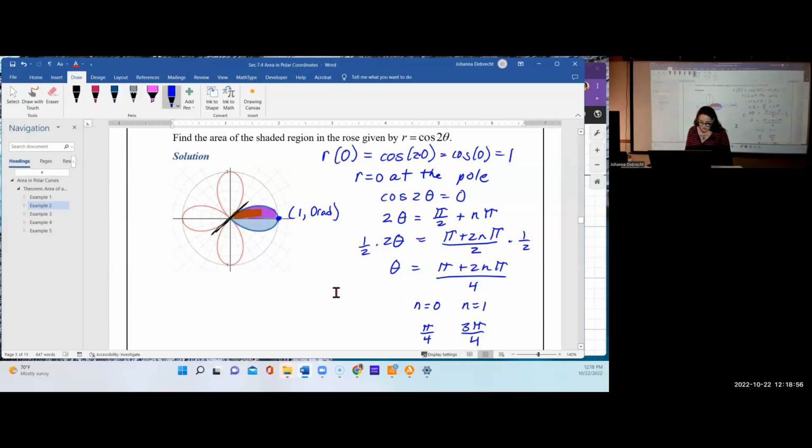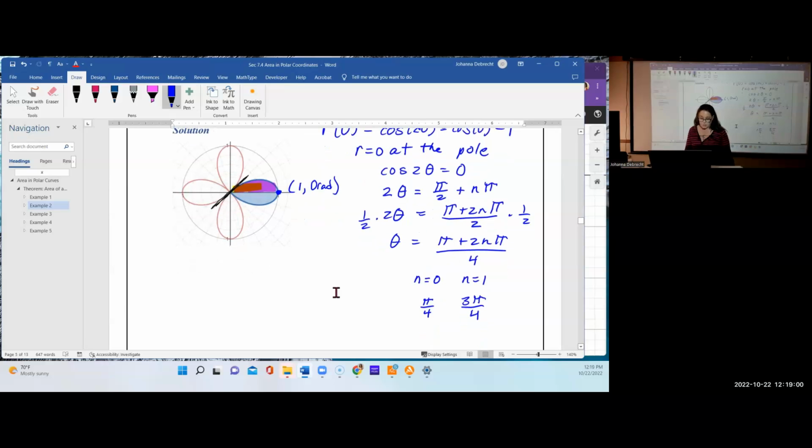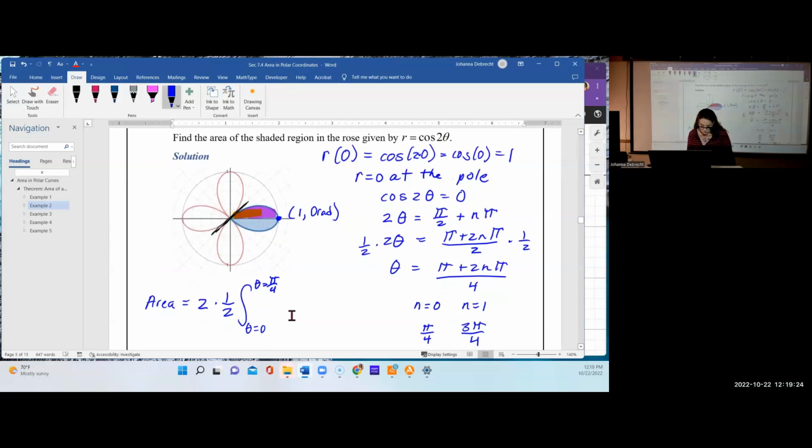All right. So now I've found that my first angle after 0, where it hits the pole, is going to be pi over 4. So what I want to compute is the area, and the area is going to be double what I have. So it's 2 times, I use the formula, from theta equal to 0 radians to theta equal pi over 4 radians, r squared, and r was cosine of 2 theta.